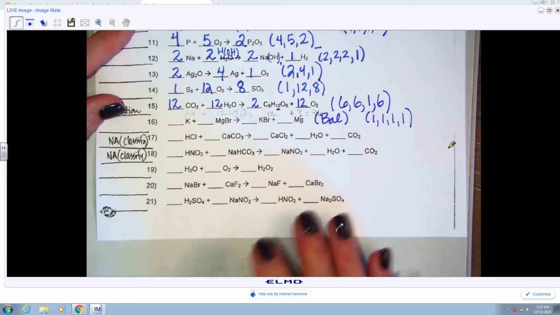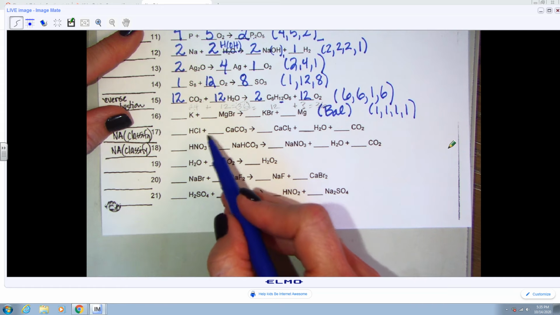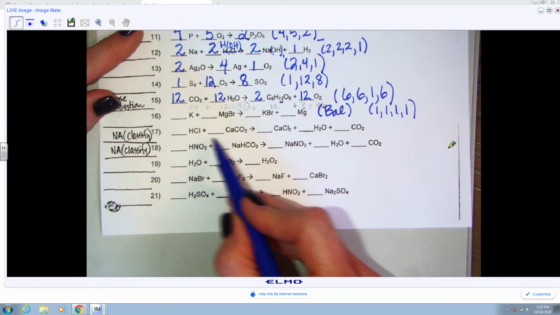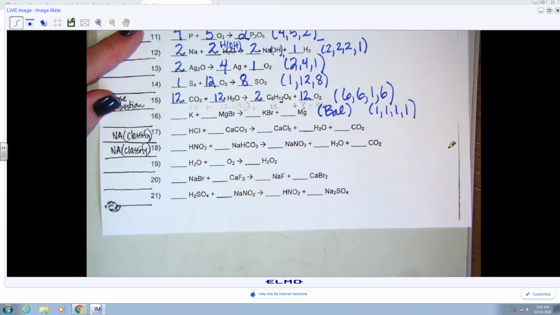All right, let's look at 17. For number 17, I don't really see anything other than an odd number standing out with the bicarbonate, so you could start with that one if you want to.